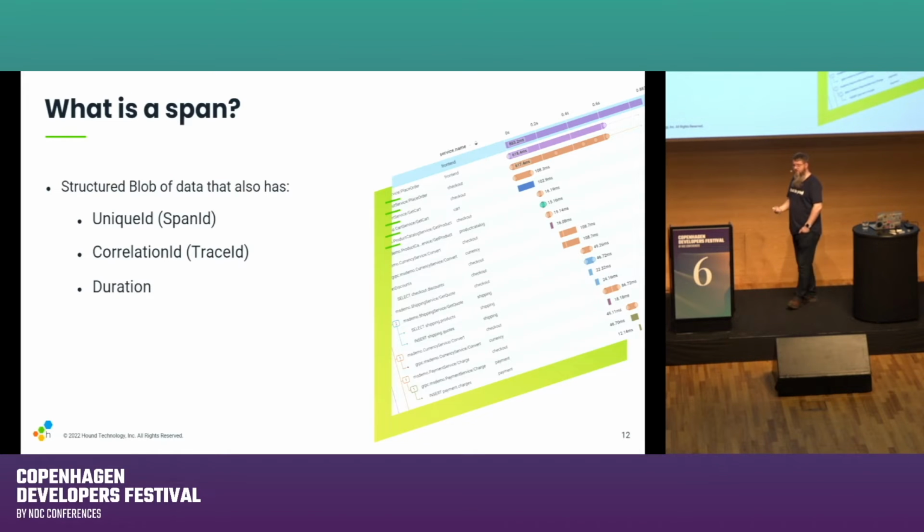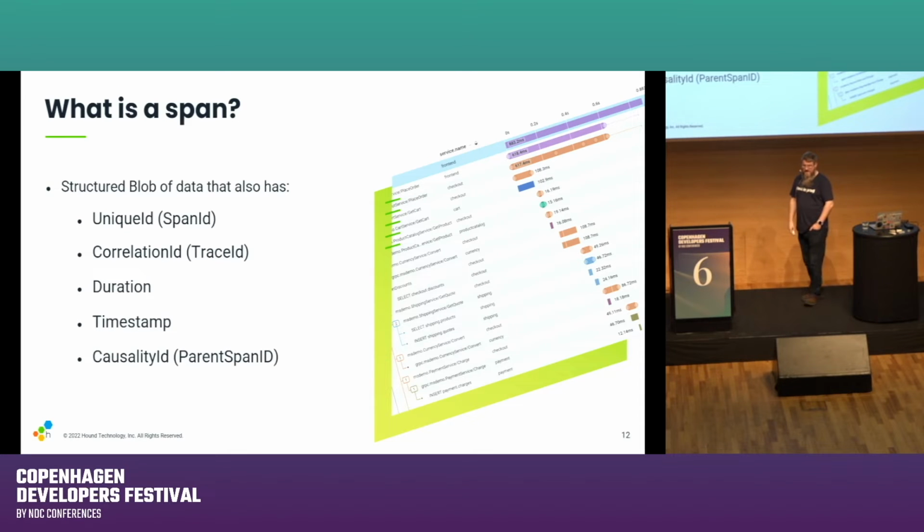But it also has a duration. Measured in milliseconds, it has a duration. It also has a timestamp when this thing started. And it has, the most interesting part, a causality ID. The thing that was happening at the time when this thing was created.